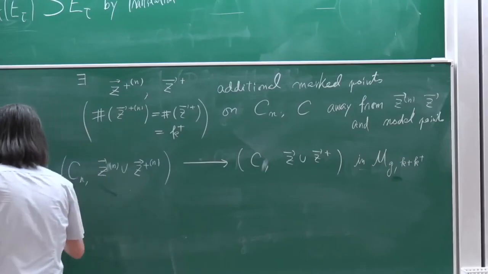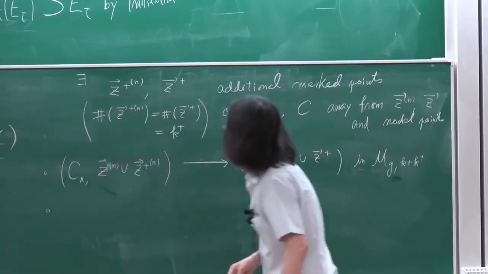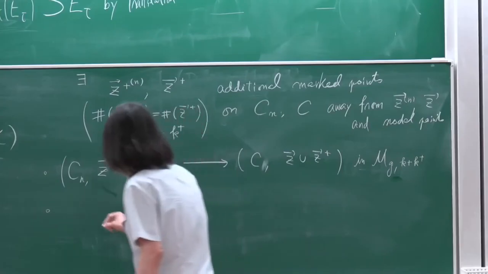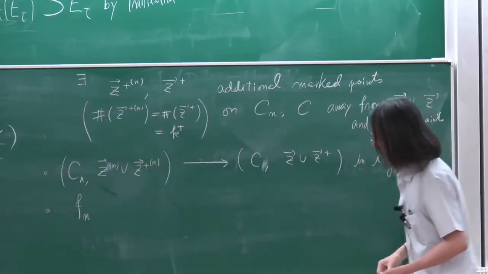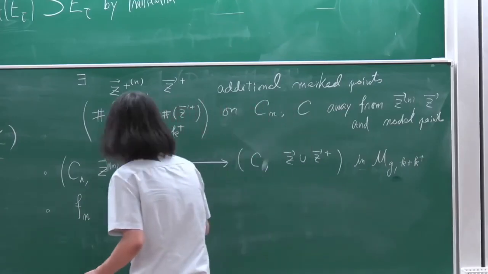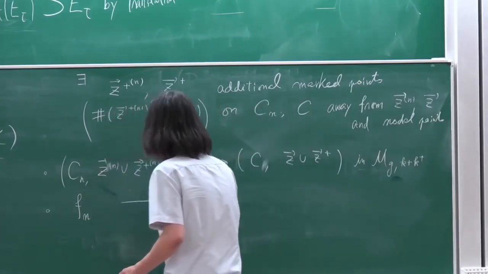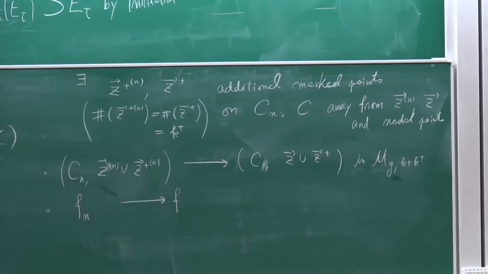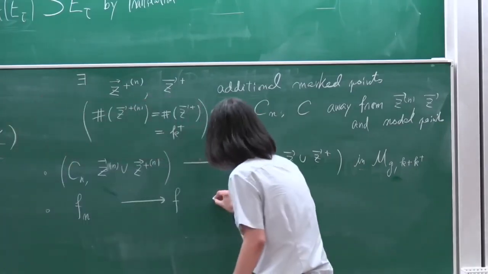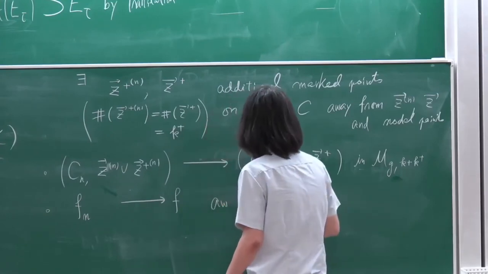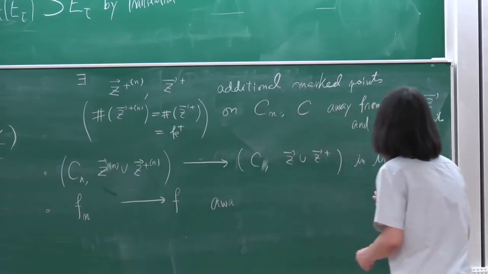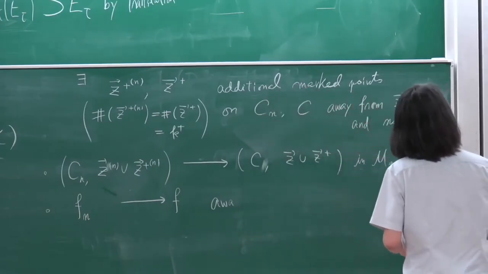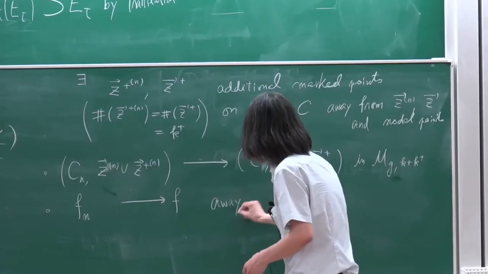And secondly, our map Fn converges to F away from nodes.